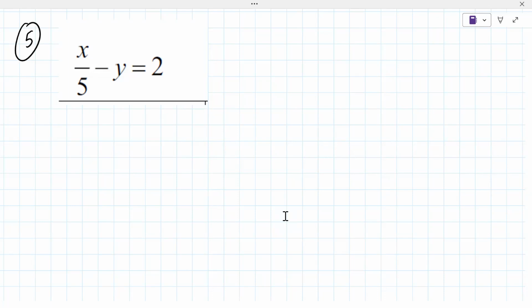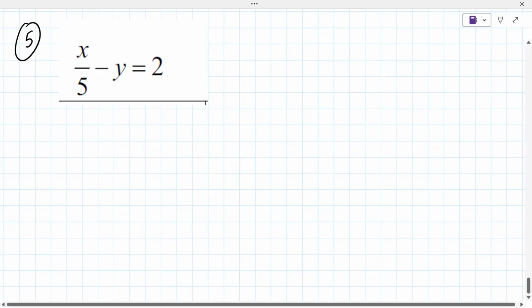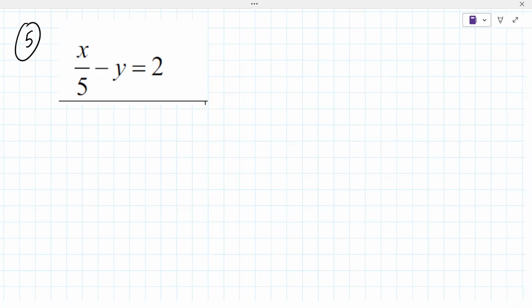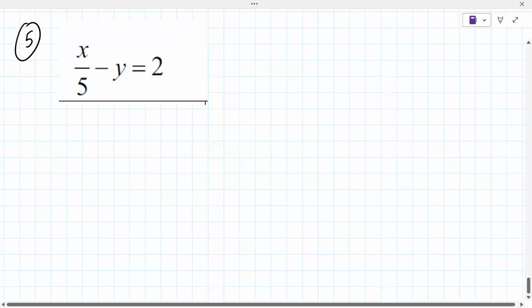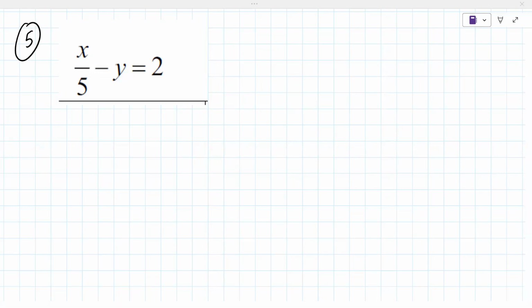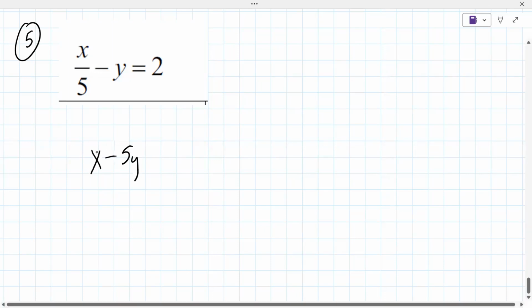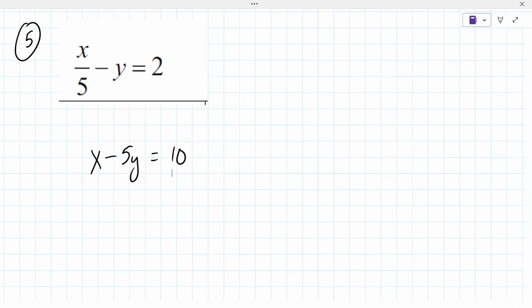X over 5 minus y. I got x minus 5y equals 10. Perfect, multiplying the 5 on both sides.